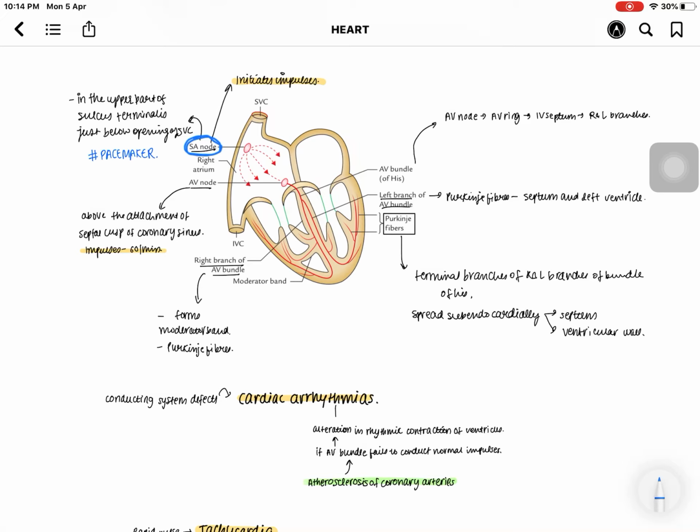The AV node is above the attachment of the septal cusp of the tricuspid valve, near the coronary sinus, and the intrinsic firing rate of the AV node is 60 beats per minute. From there, the impulse goes on to the bundle of His. From there, the impulses get transmitted onto the right bundle branch and left bundle branch and onto the subendocardial Purkinje fibers.